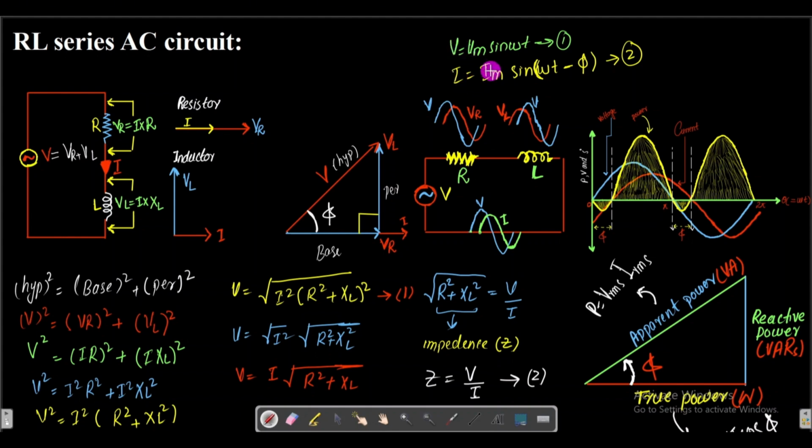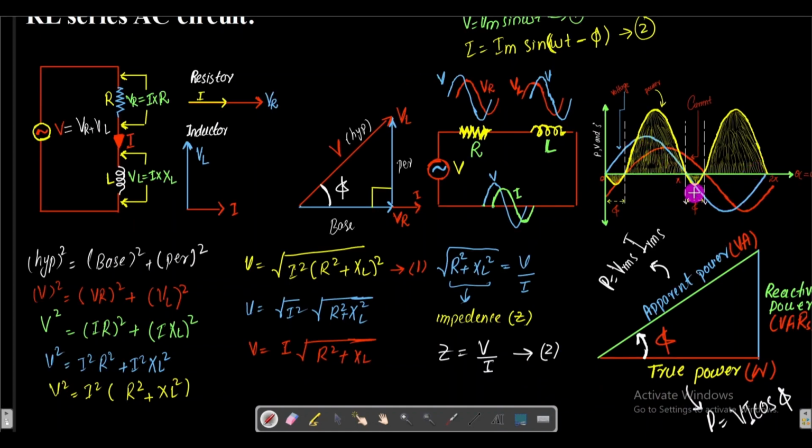So here these both are making an angle phi with each other, and this current is lagging behind this voltage. This blue color graph is for that resultant voltage, and this is the resultant current, and from the phasor diagram this current is lagging behind that resultant voltage.